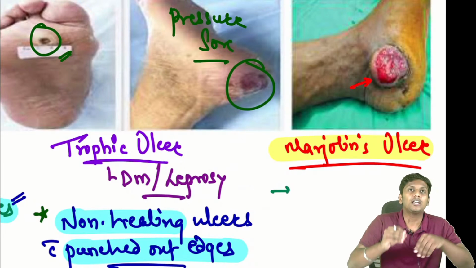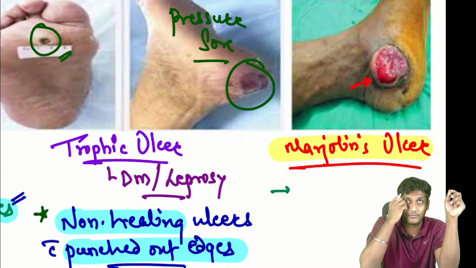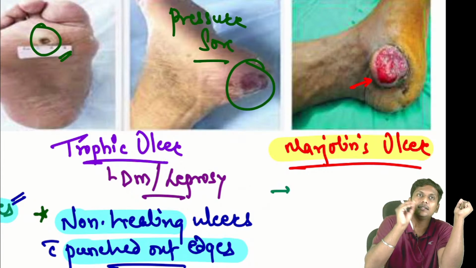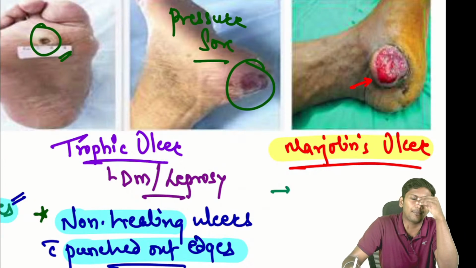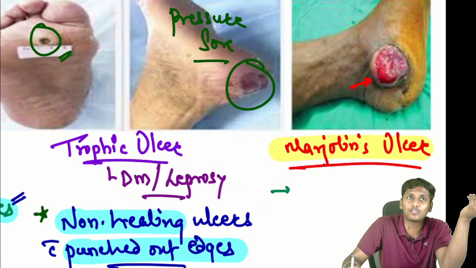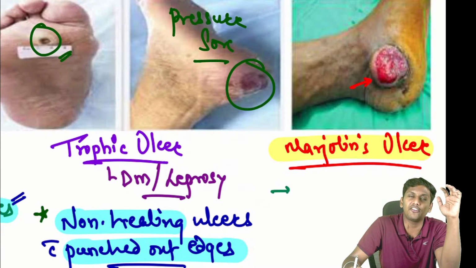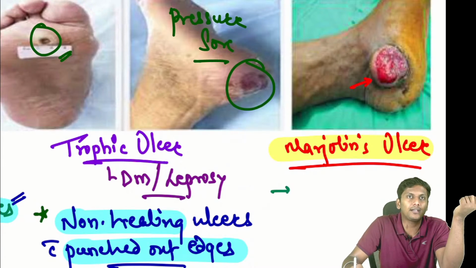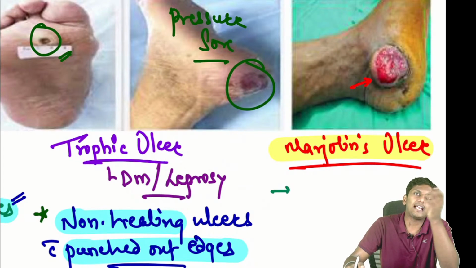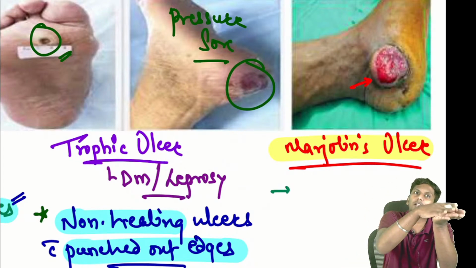What do I mean by that? We have to take some samples from that ulcer and send it for histopathological examination to rule out squamous cell carcinoma. अगर squamous cell carcinoma होगा, definitely the line of management will be different. The treatment is wide local excision, and if it is a large ulcer, then we might require a flap also.